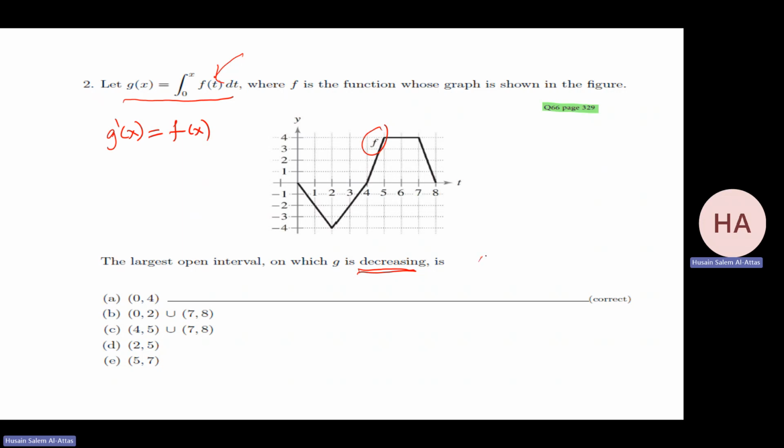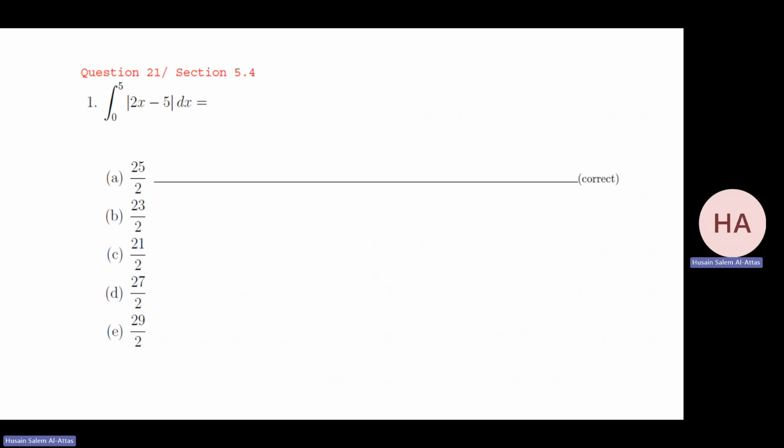To check decreasing, I want to check when g prime is negative, so I need to check when f is negative. From the graph, it is very clear that from 0 to 4, f is negative. So this would be my answer. An easy one, just applying the fundamental theorem of calculus. He makes two things in one question. I think it's very easy.